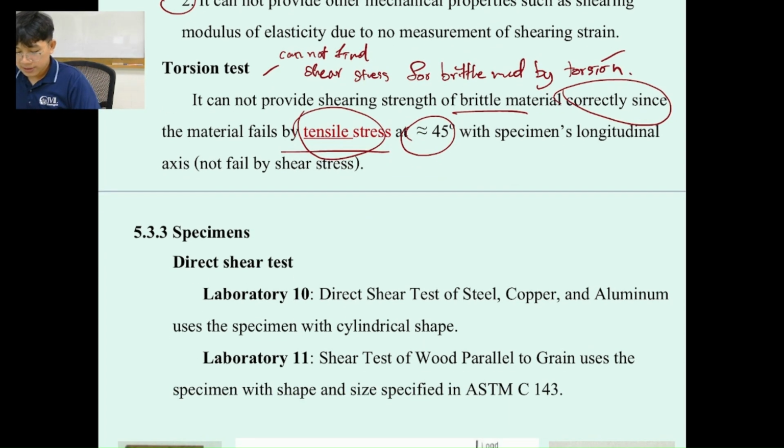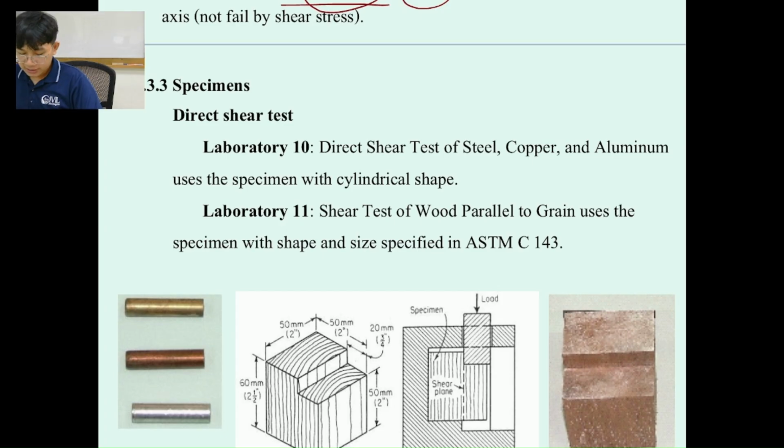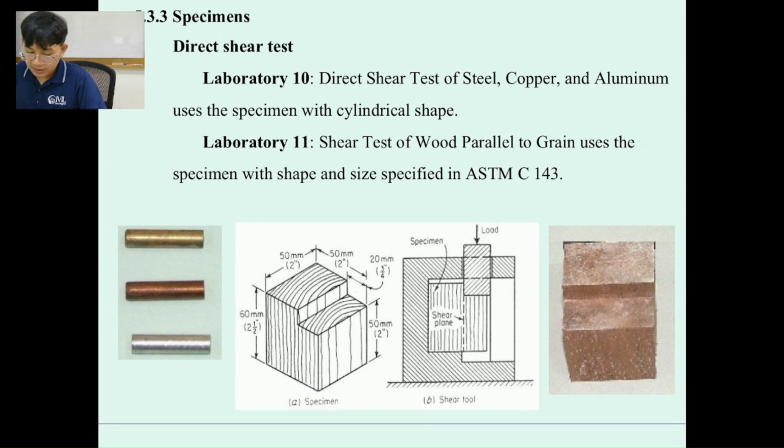Right, next it's going to be similar. I'm going to ask you what labs we tested for the direct shear test. We have just two, or sometimes I ask for the materials in the exam. In the direct shear test, what materials do we test at the lab? You can tell me copper, brass, aluminium, and wood, or maybe I'm going to give you a tricky answer inside the question.